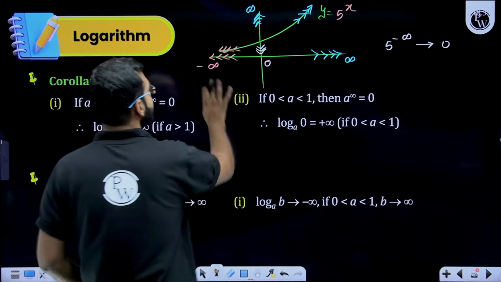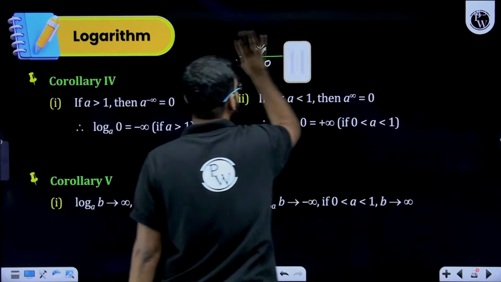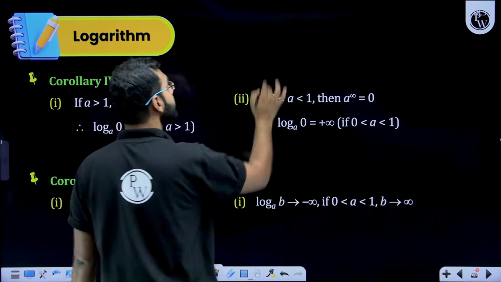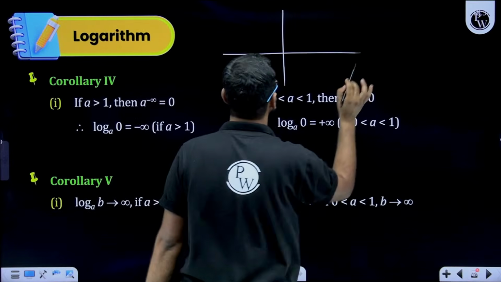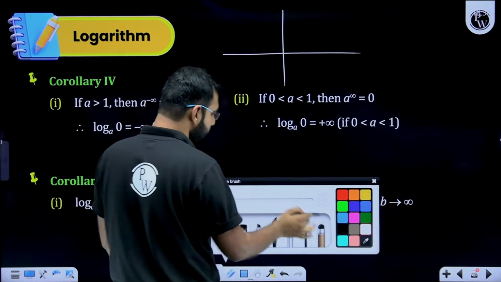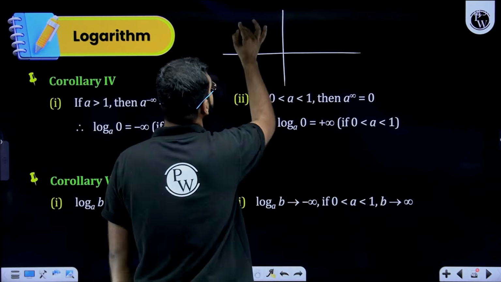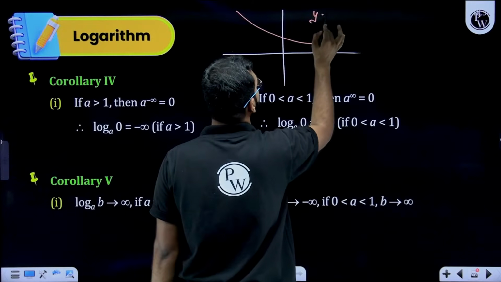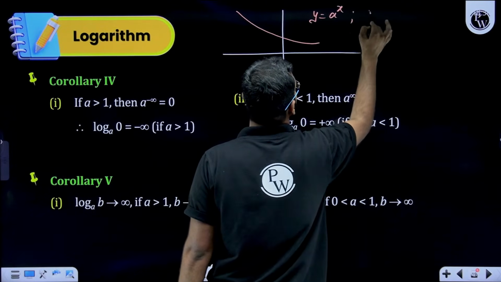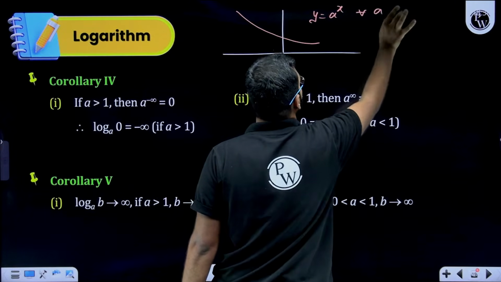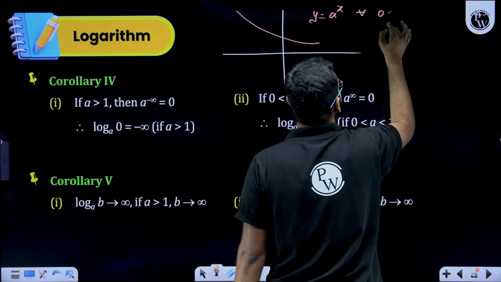But here the case is different. The case is totally different if the base is from 0 to 1. Why? Because you will clearly get the case when you draw the graph of a to the power x when the base is less than 1, or rather the base is from 0 to 1.